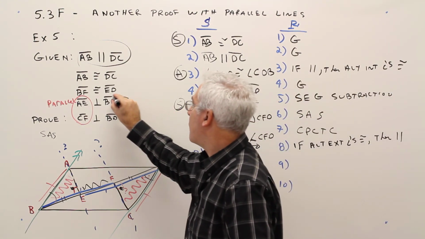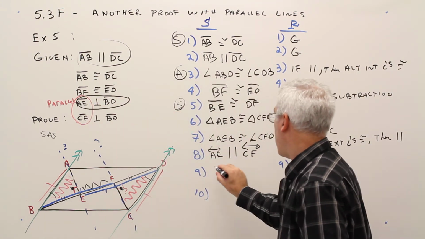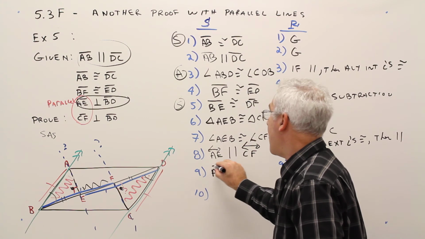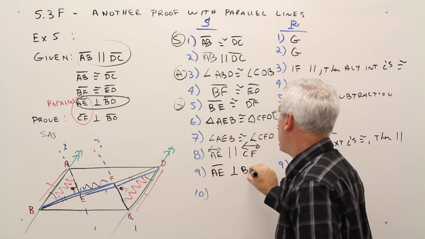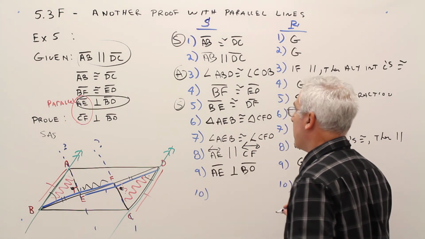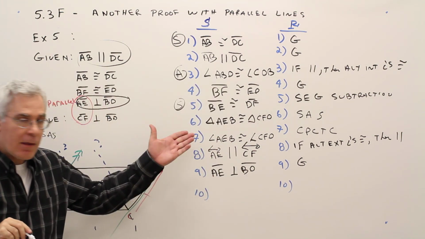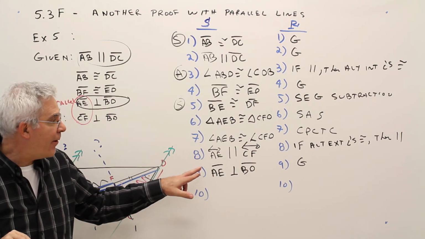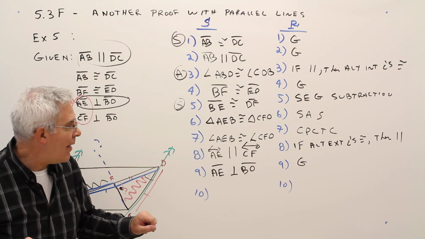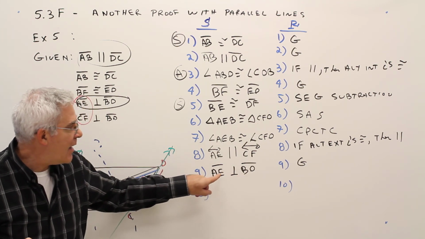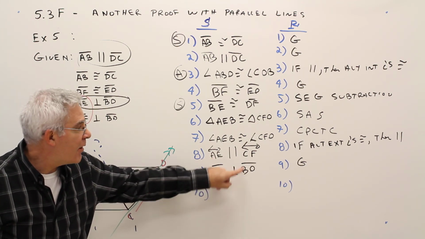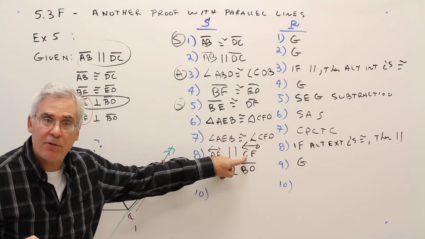Then I'm going to say that I had that perpendicular statement there. AE is perpendicular to BD. That was given. So now, basically I've got that theorem. I've got two parallel lines. I've got BD being perpendicular to one of them. So then BD will also be perpendicular to the other.